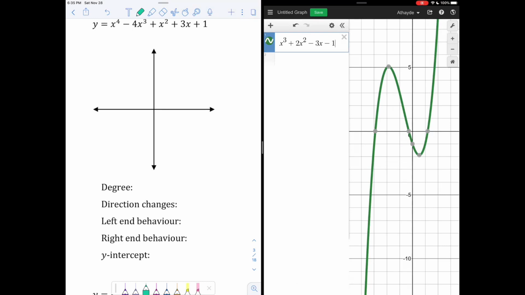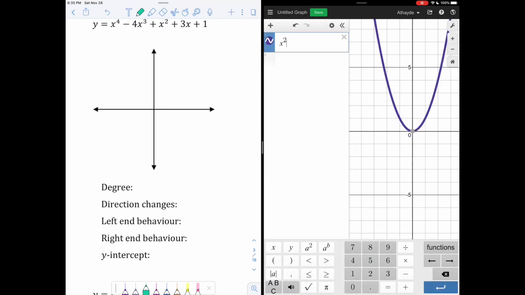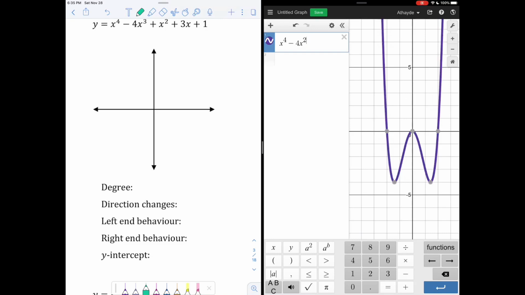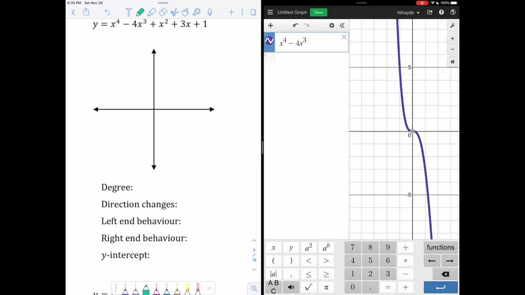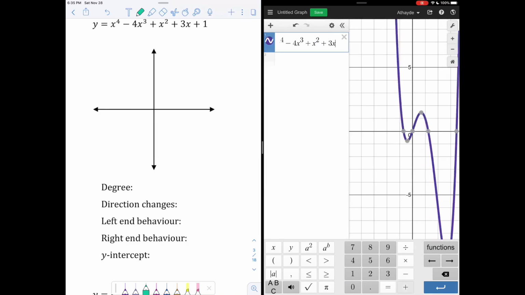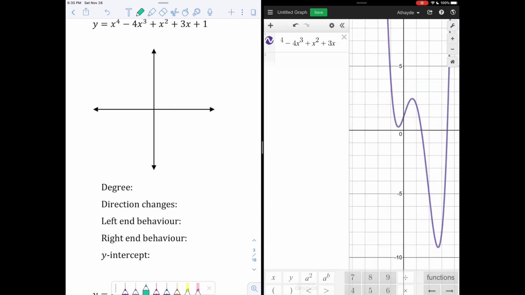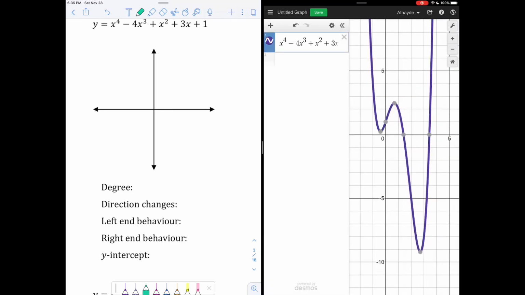Let's type this one in. x to the 4 plus x squared plus 3x plus 1. Ooh, that looks exciting. Right?